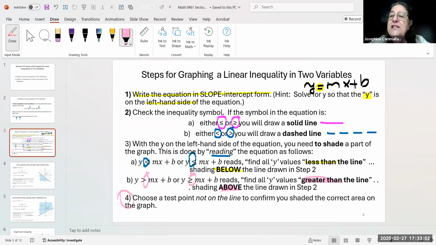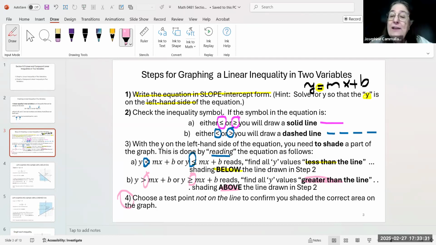You want to put it into the equation and see if it makes the inequality true. And you normally pick a point that's either in the shaded area to prove that where you shaded was correct, or pick a point not in the shaded area. And if it makes it false, you know that you've shaded the correct area.